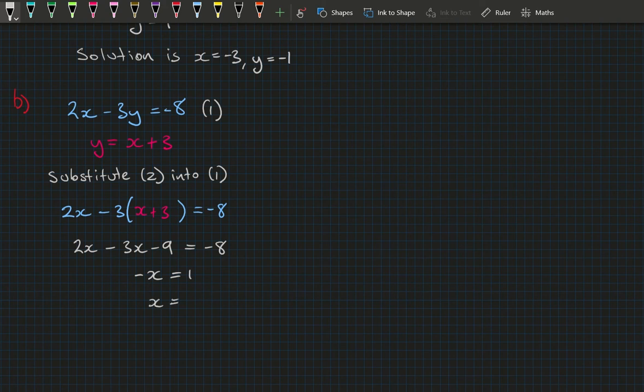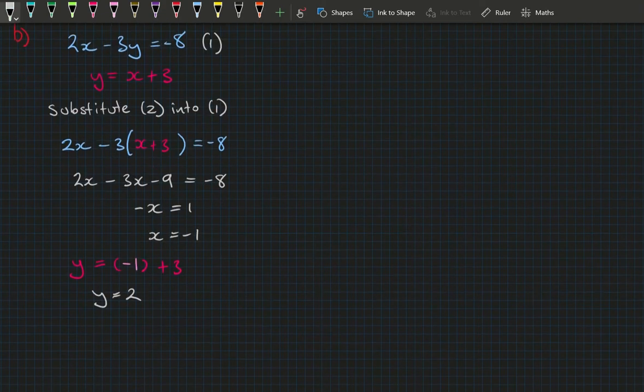So we know now that x will have to equal minus 1. And if we sub x equals minus 1 into relation 2, we end up with y is equal to minus 1 plus 3. In other words, y is equal to 2. So our solution is x equals minus 1 and y equals 2.